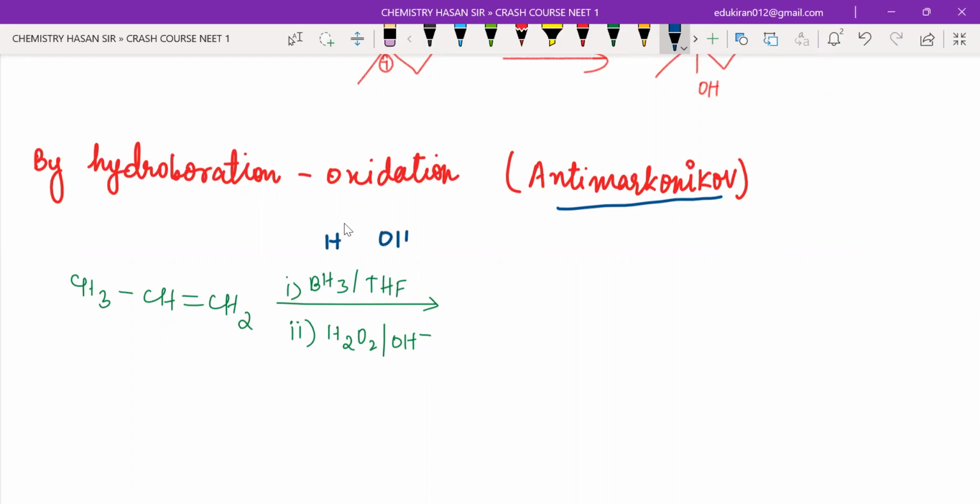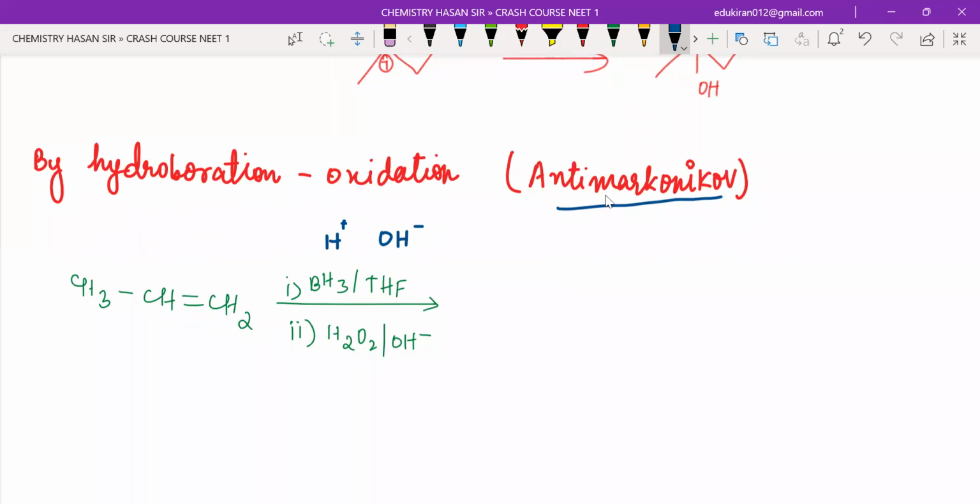So please do apply anti-Markovnikov here and let me know the product. Name of the product, please. Propanol.